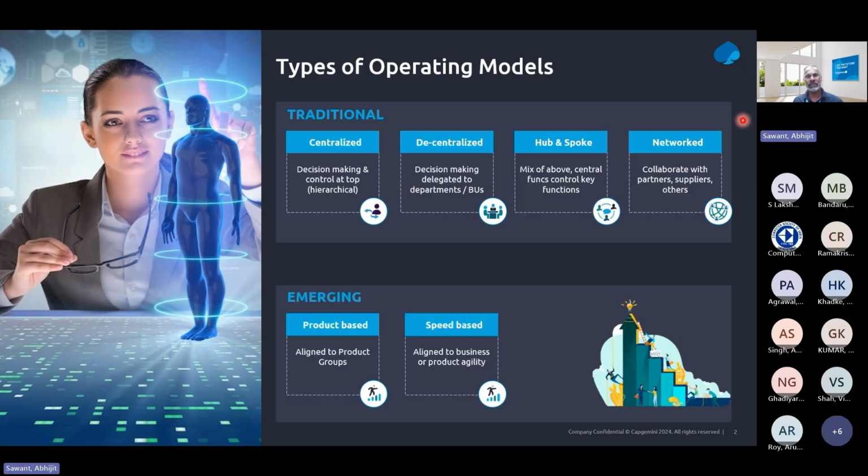And that is the reason these are the emerging operating models, which is the product based models, which are aligned to the business product groups. And the new one, which today we are going to deep dive, is an extension to the product based model, the next level of development where I have tried to introduce agility into the ways of working, and which can be used as a catalog of services and can be used to fit in most of the portfolios that I've seen.